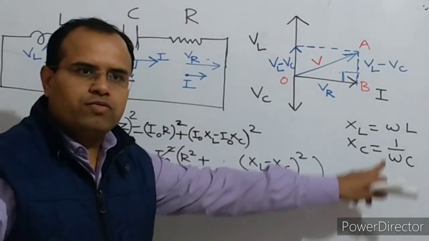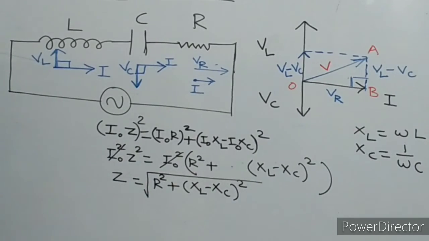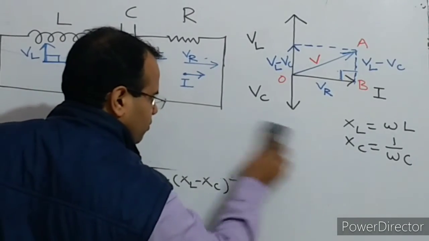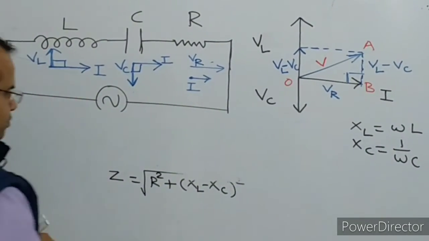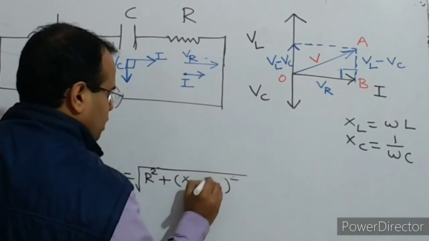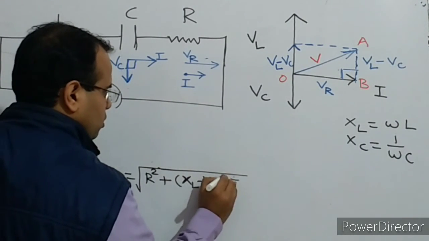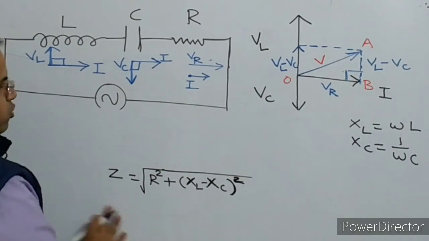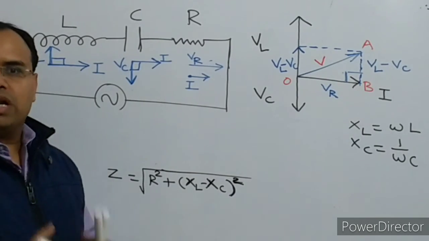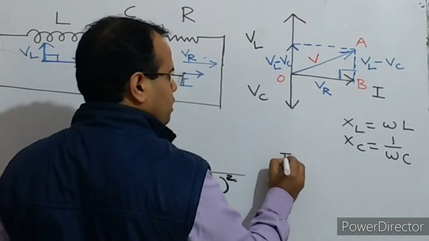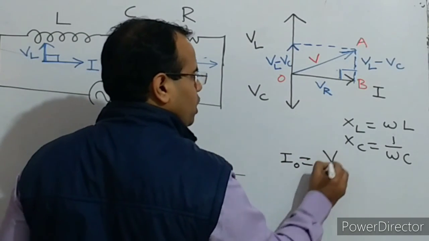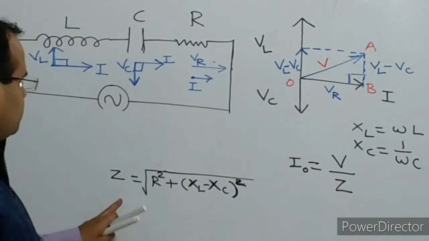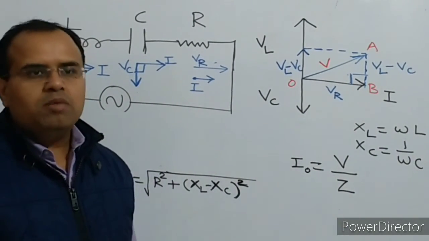Now you can substitute values of XL and XC, XL equal to omega L and XC equal to 1 upon omega C. See, if you want the current to be maximum, how will you write the current? It will be I naught is equal to V upon Z. If you want this current to be maximum, then Z, which is the quantity in the denominator, should be minimum.